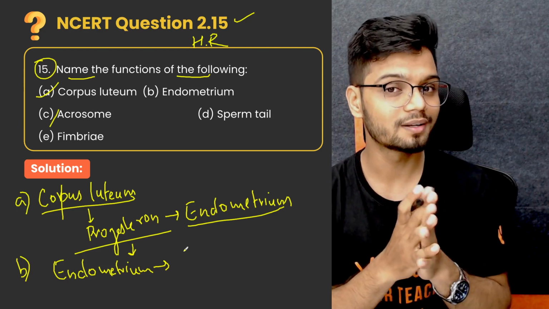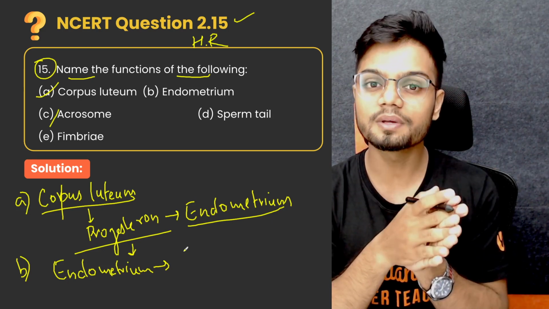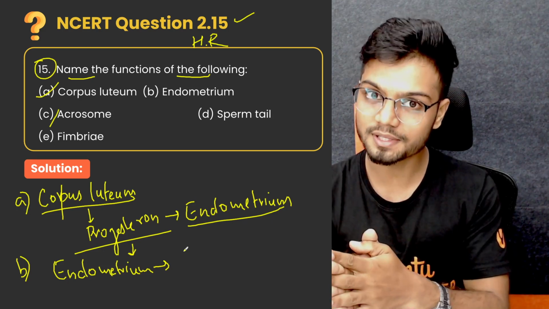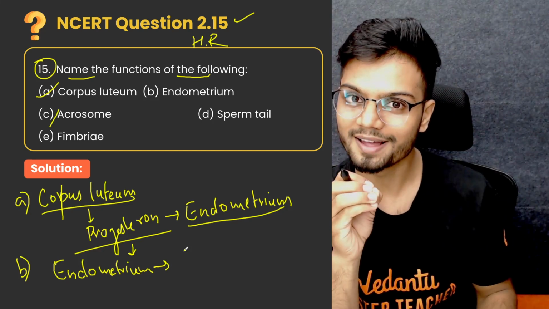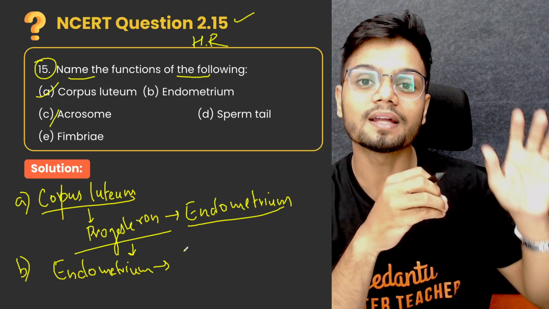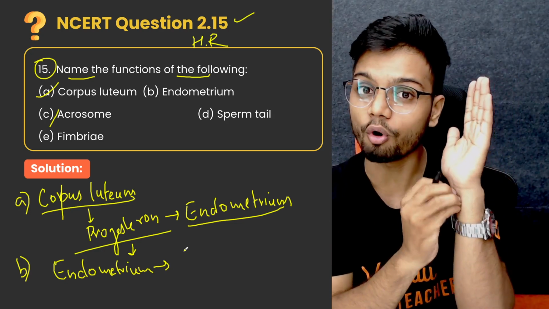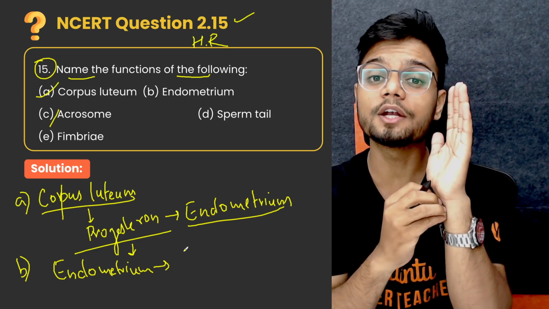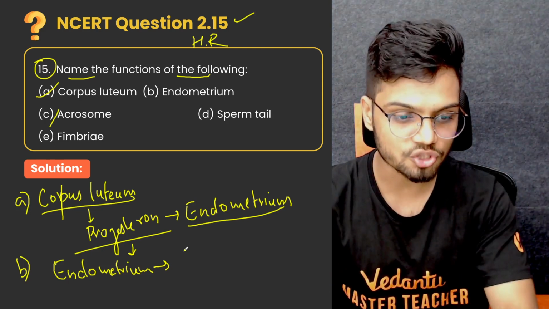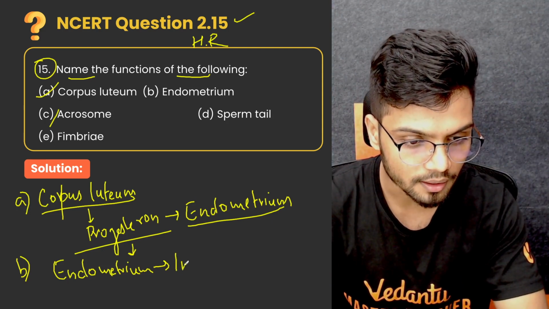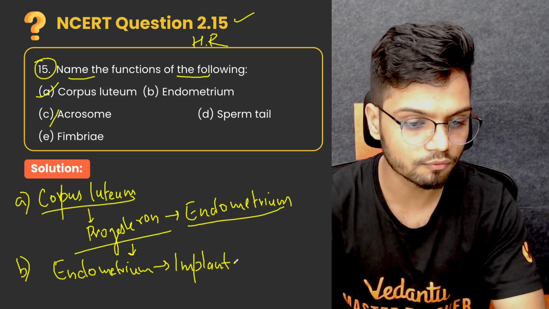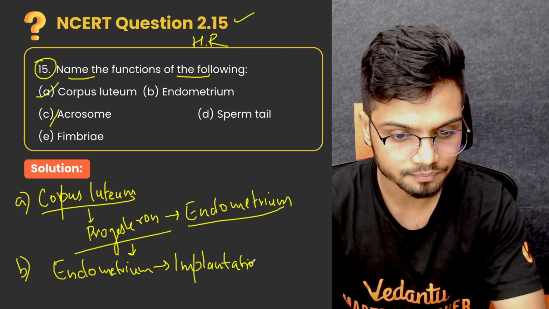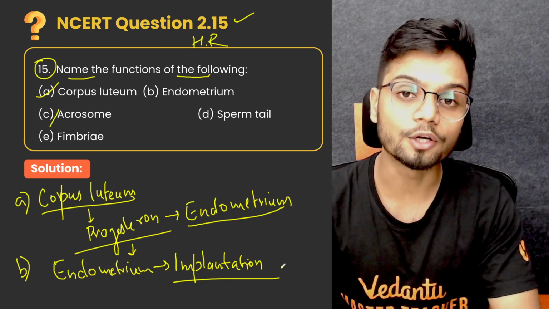We have blastomere, morula, and blastocyst. The blastocyst travels down the fallopian tube, reaches the uterus, and undergoes implantation on the wall of the endometrium. So the wall of the endometrium is extremely important for implantation. Clear? That is the function of endometrium.